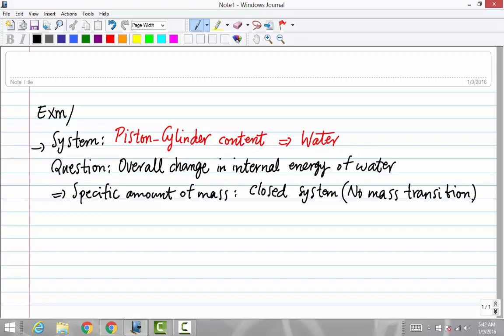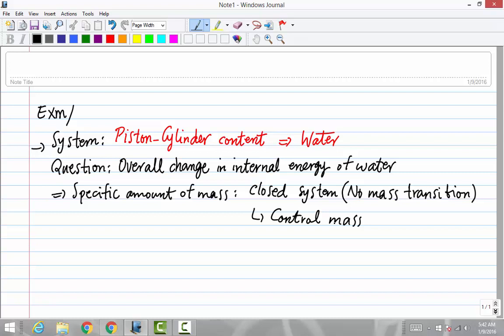No mass transition. So if it is closed, does it mean that it's control mass, not control volume? Because he told me that when we talk about control volume, it means the system is open and we have a flow coming in and leaving the system.